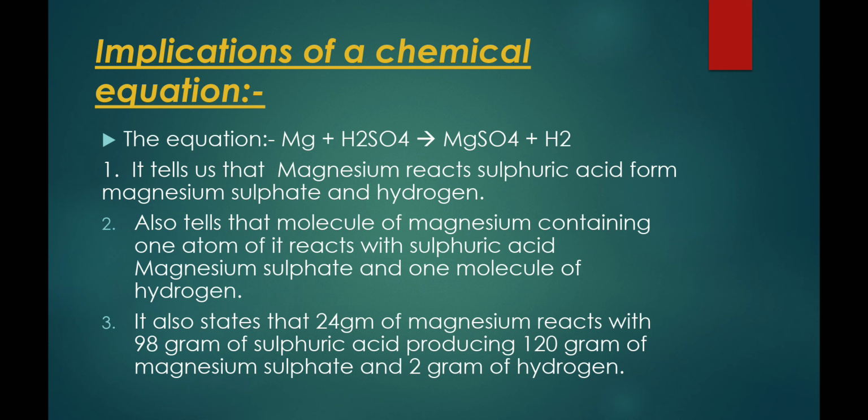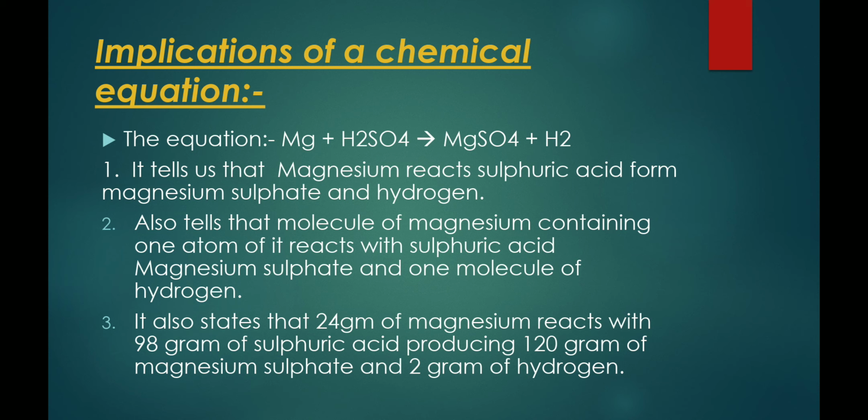Now, what does a chemical equation indicate? That is the implication of a chemical equation. So, what can we know from a chemical equation? Let us see an equation: Mg plus H2SO4 gives MgSO4 plus H2.